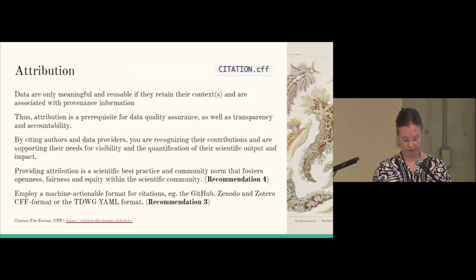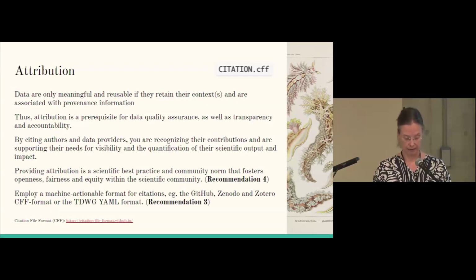Importantly, follow best scientific practice and our scientific community's norms of providing full attribution and provenance information, no matter if an attribution license requires you to do so, or a license doesn't state attribution explicitly. Attribution fosters openness, fairness, and equity within the scientific community and beyond. Moreover, data are only meaningful and reusable if they retain their context.